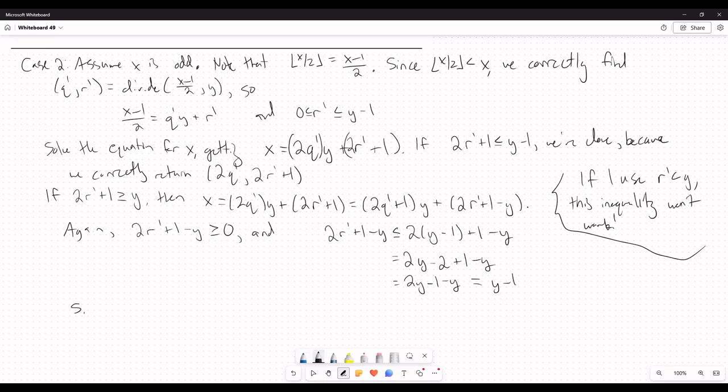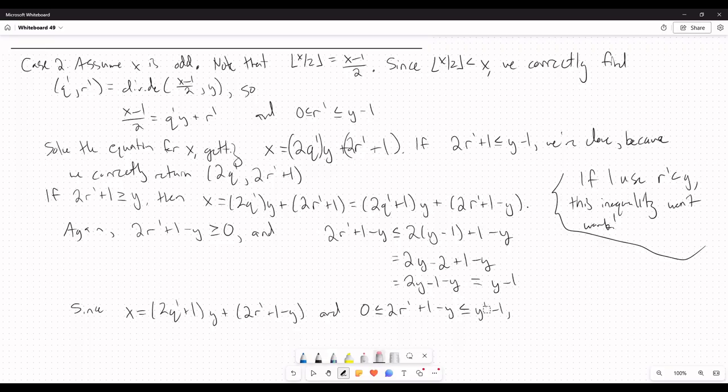since we have that x equals 2q prime plus 1, y plus 2r prime plus 1 minus y, and 0 is less than or equal to 2r prime plus 1 minus y, which is less than or equal to y minus 1.